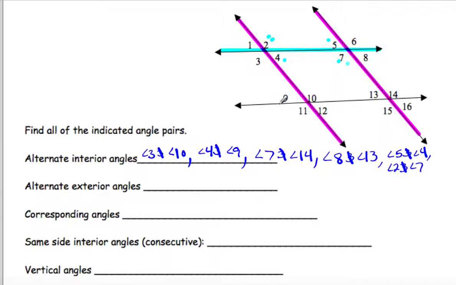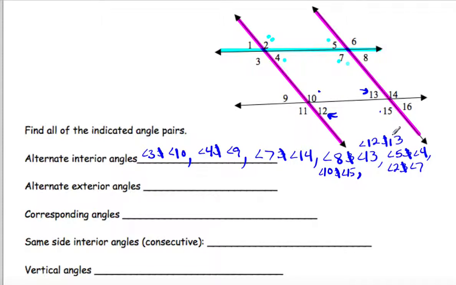And then if I was looking at this bottom section, I would even have 10 and 15, and 12 and 13 as a pair of alternate interiors if I use the bottom line. So let's add those to the list. 10 and 15, and I'm running out of room here. 12 and 13.